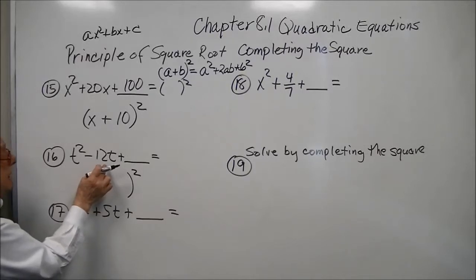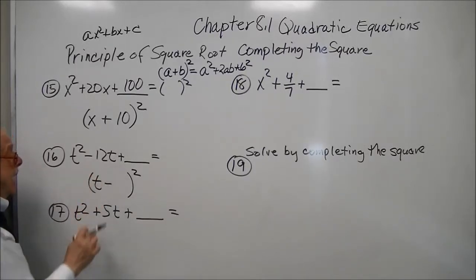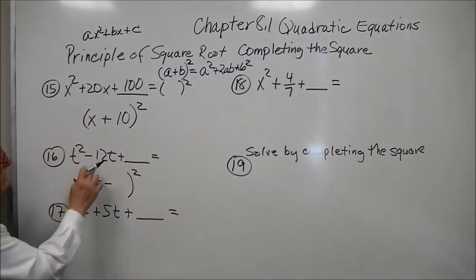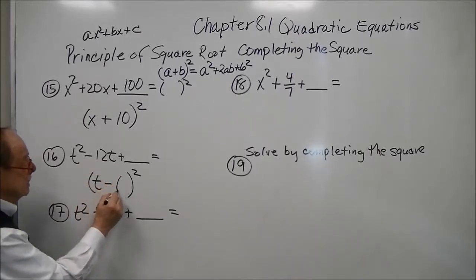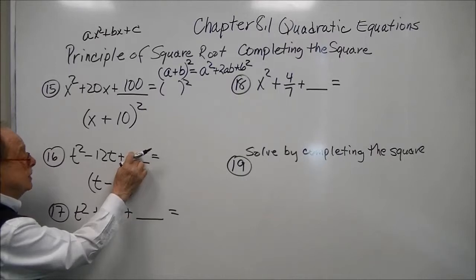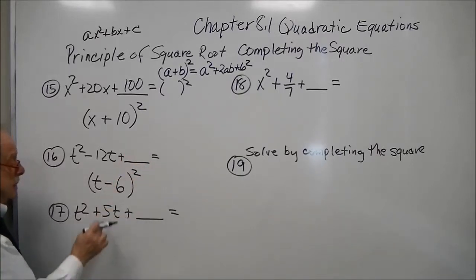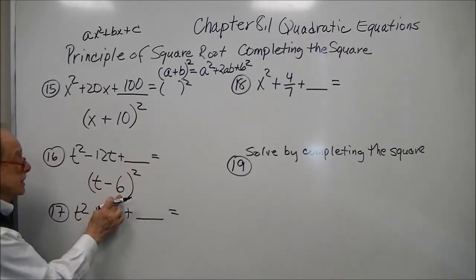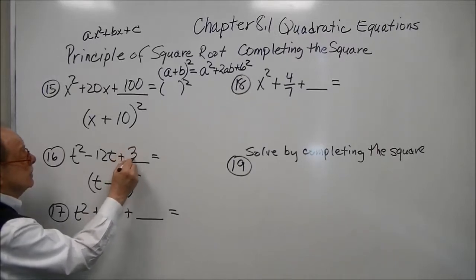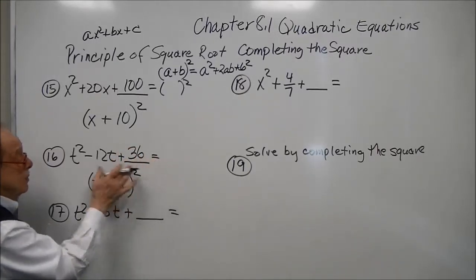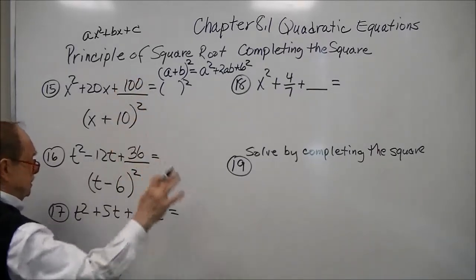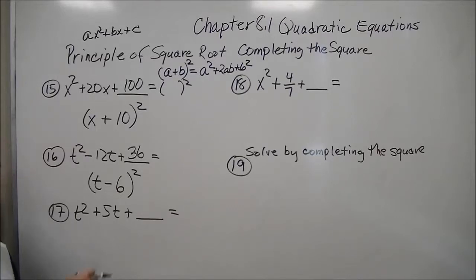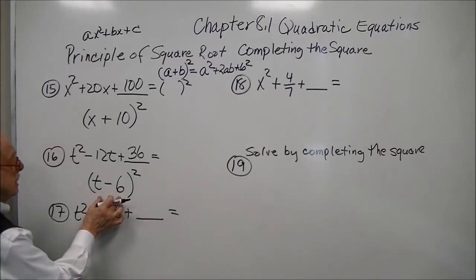So here we have to take half of that. So what is half of 12? 6. And how do we get the C term then? We square the 6. That'll give us 36. And when we factor it, it becomes this. Now we need that C term, as you'll see shortly. But right now we're very much interested in this.